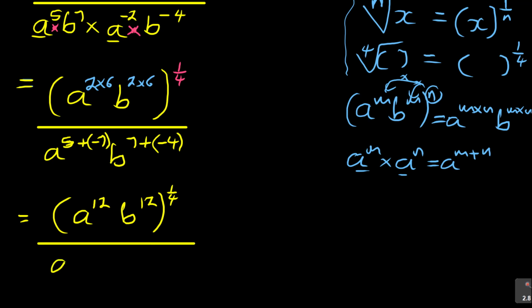Now a to the power of, look at this, 5 plus minus 7, with the calculator you'll get negative 2, and b, 7 plus minus 4, you'll get a 3 here, if I'm not mistaken.